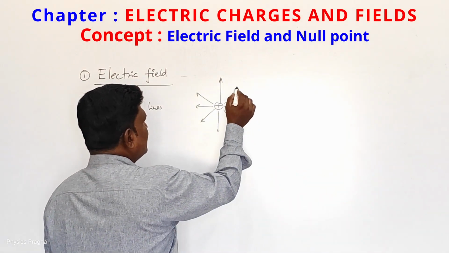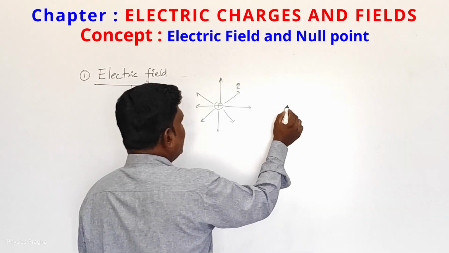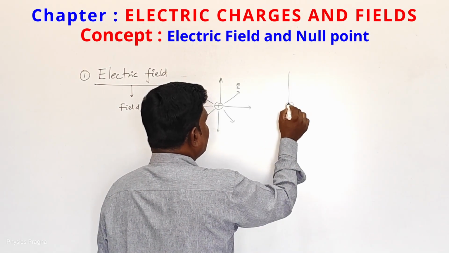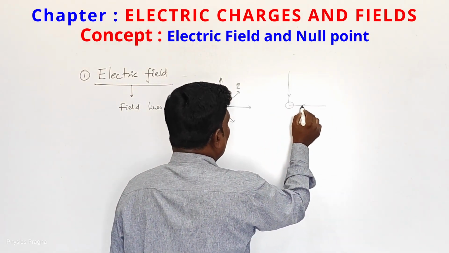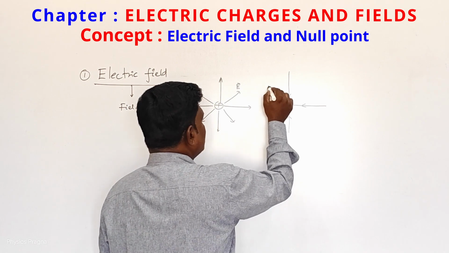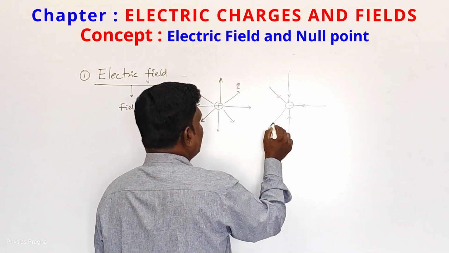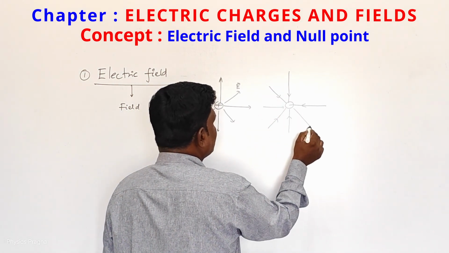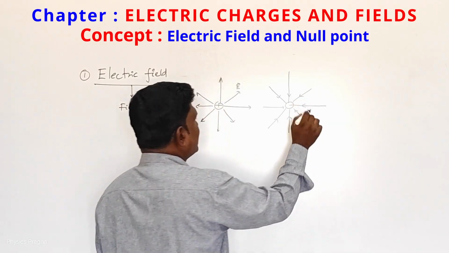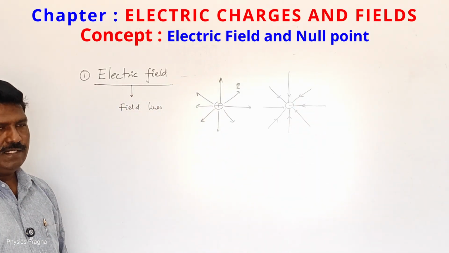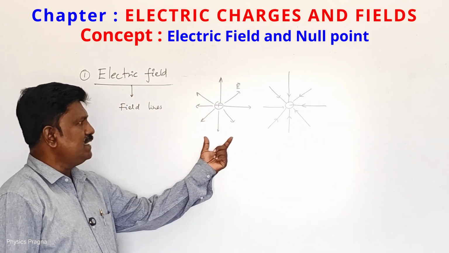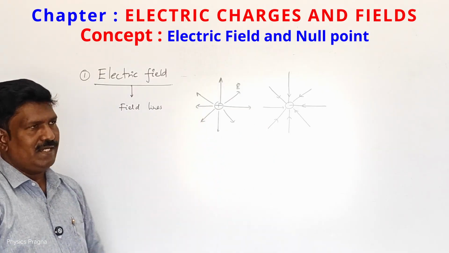For a negative charge, these electric field lines converge towards the negative charge. Like this, electric field lines spread around a charge.